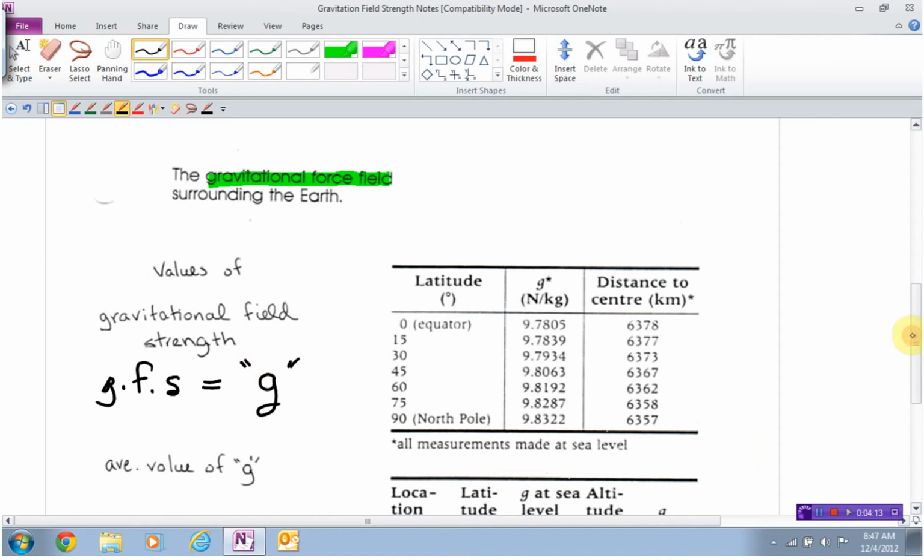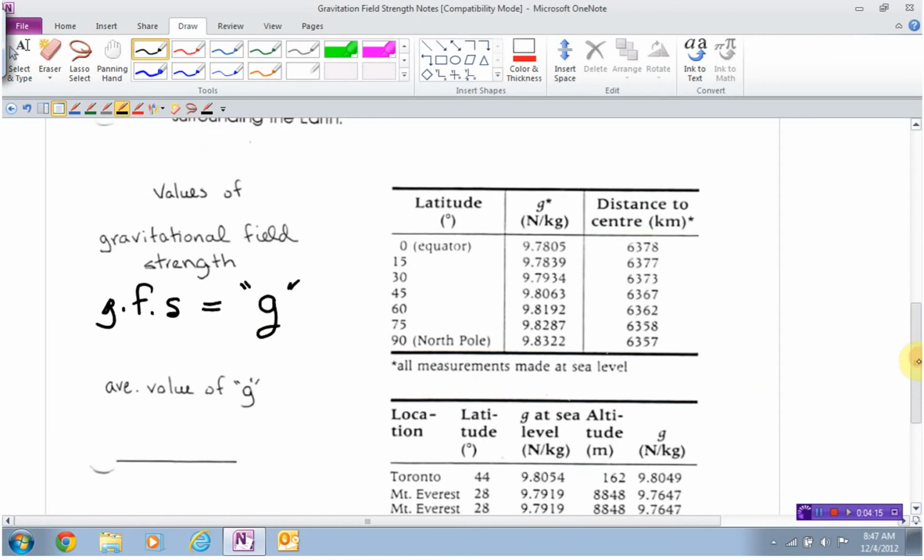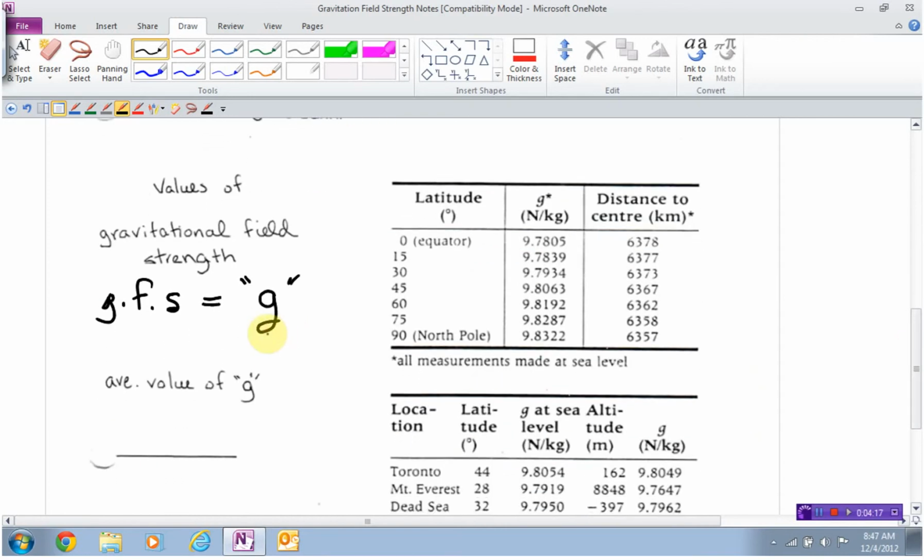So near the Earth's surface, the gravitational field strength, as you know, has a value of around 9.81 meters per second squared. Now, the unit that we use for gravitational field strength is Newtons per kilogram, not Coulomb. Newtons per kilogram and meters per second squared are identical units. They're exactly the same.